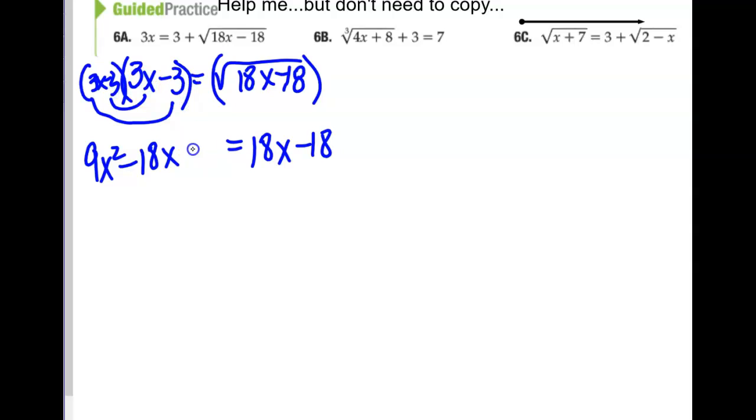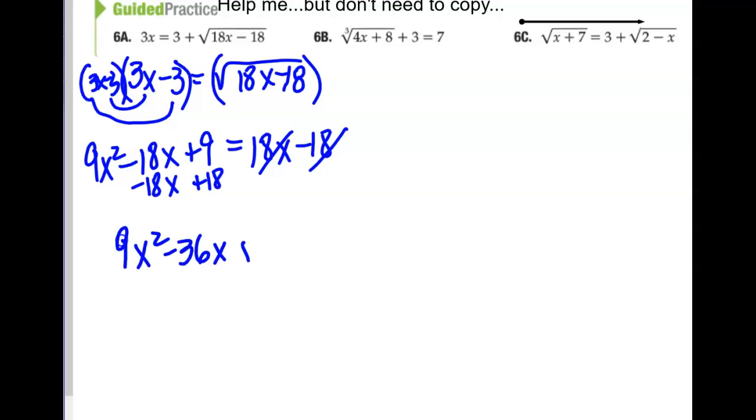And then negative 3 times negative 3 is plus 9. Okay, if I subtract another 18x over here to get rid of this one, and add 18 over here, 36. I have 9x squared minus 36x plus 27 equals 0. Can I divide everything by 9?